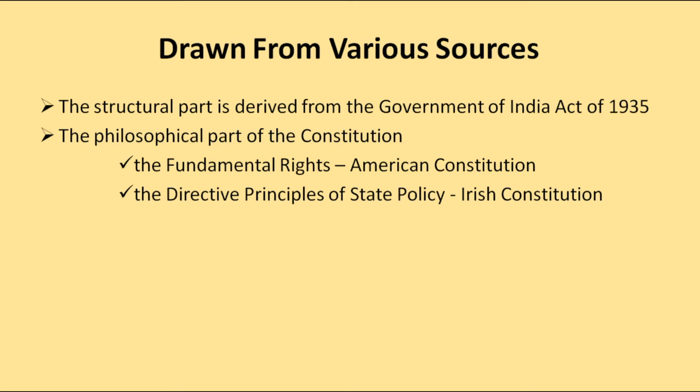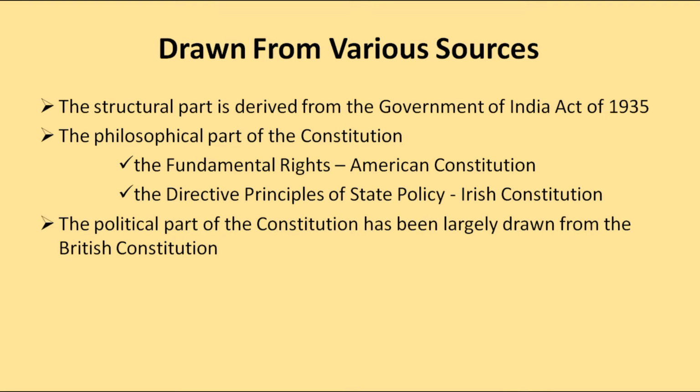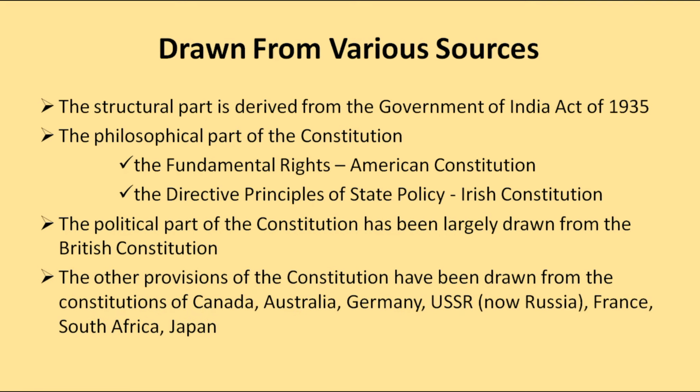Then DPSP, the directive principles of state policy, is taken from the Irish constitution. Then the political part is drawn from the British constitution. Then the various provisions have been drawn from the constitutions of Canada, Australia, Germany, Russia, France, South Africa, Japan and so on and so forth.